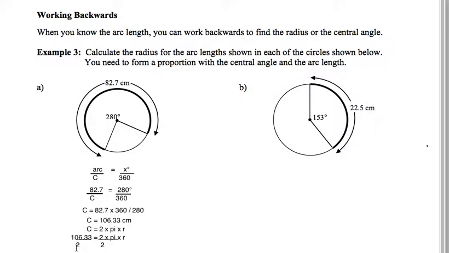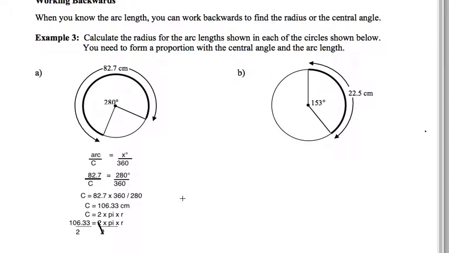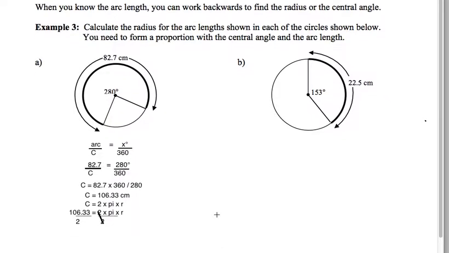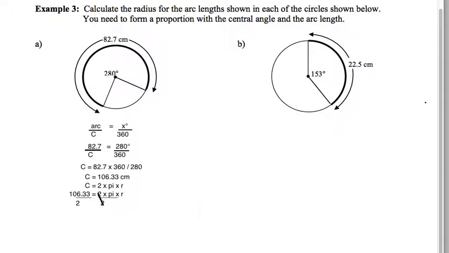If I divide both sides by 2 here, then these 2's will just cancel out. Let me move this up a little bit so you can see. These 2's will cancel out, and now I'll just have pi times r over here.